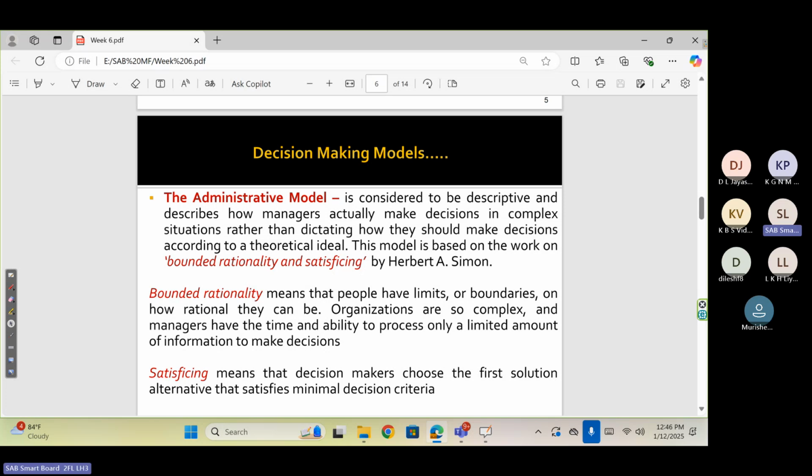Therefore, he or she would not go to find further resources or further information. That is considered one major condition mentioned in this model, bounded rationality.